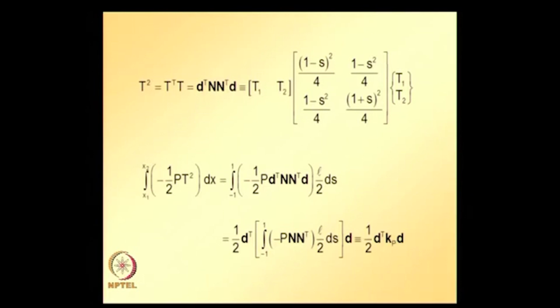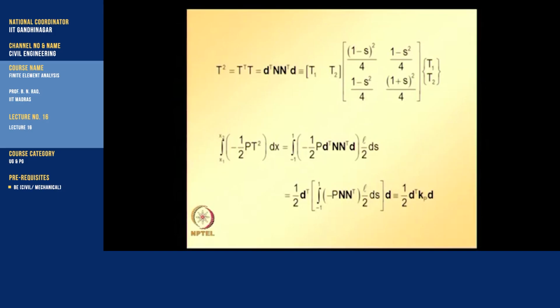Again, d being a vector of nodal values, it can be taken out of the integral, so this simplification is possible because of that.